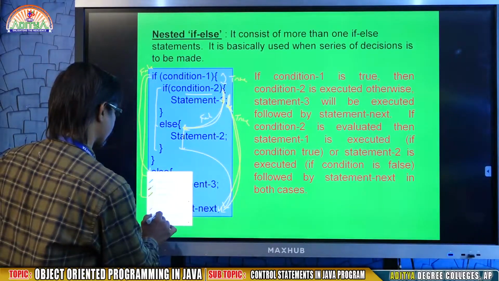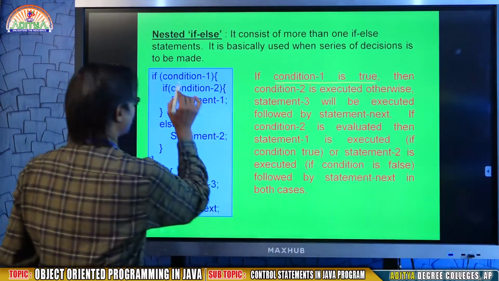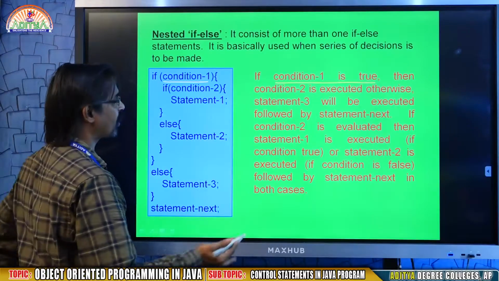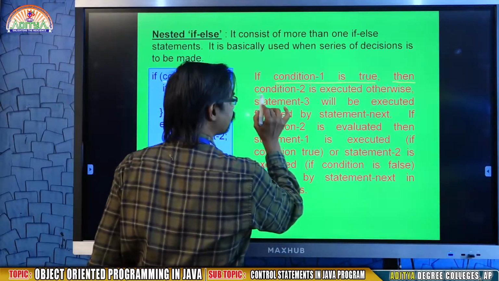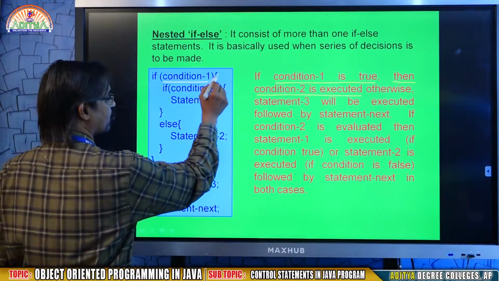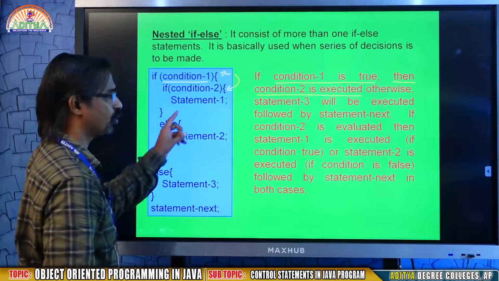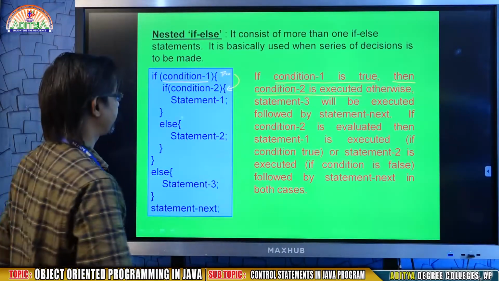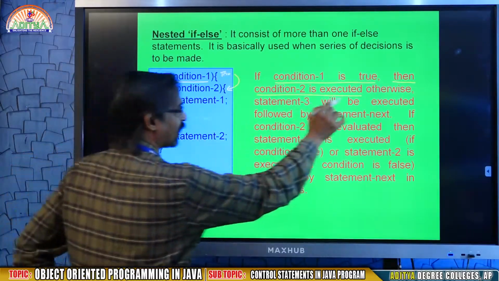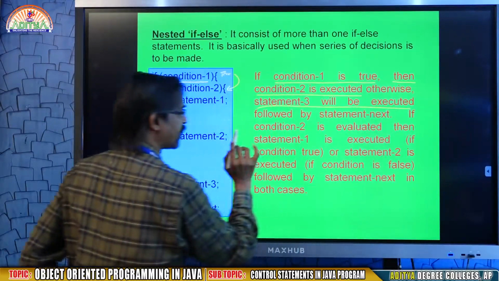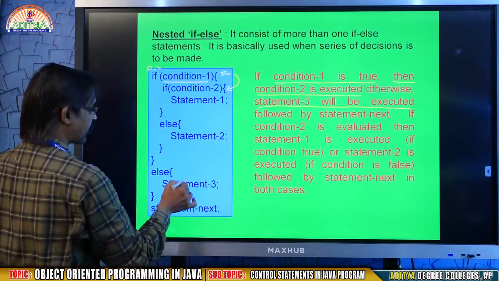So see here, assume condition 1 is true, then what happens? It will go into condition 2. Otherwise, for example, if condition 1 is false, statement 3 will be executed, which means this else.